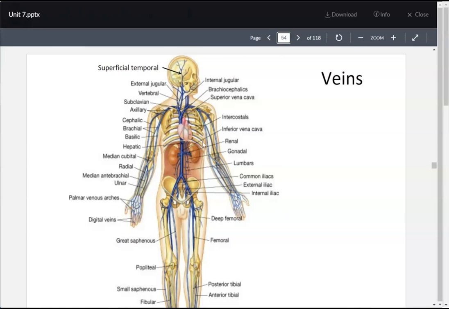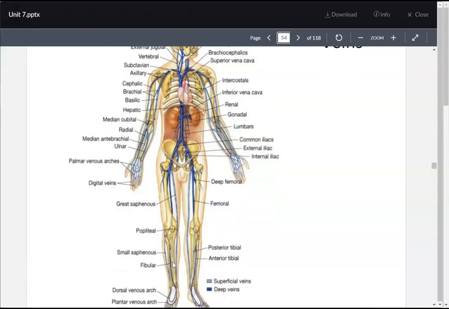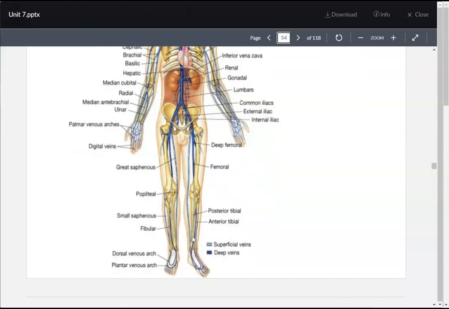We're going to have the external jugular instead of carotid, internal jugular instead of internal carotid. We're still going to have the brachiocephalic, subclavian, axillary, radial, ulnar, brachial veins, common iliacs, external iliac, femoral vein, popliteal vein, posterior and anterior veins.